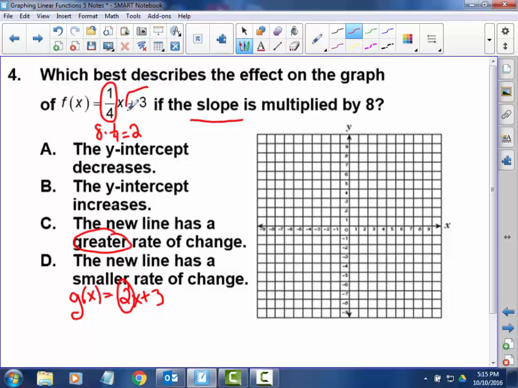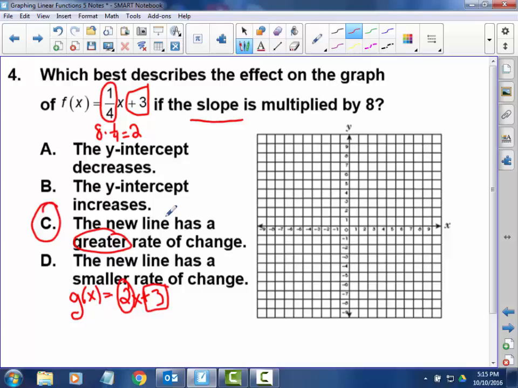Second thing we can look at, and the reason we know it's not the y-intercept, is the only thing that changed was the slope, and my y-intercept stayed at plus 3. You can graph all that if you want to, if that would make it make more sense to you. I'm going to leave this graph and just go by the equation, and we know that the answer would be C.